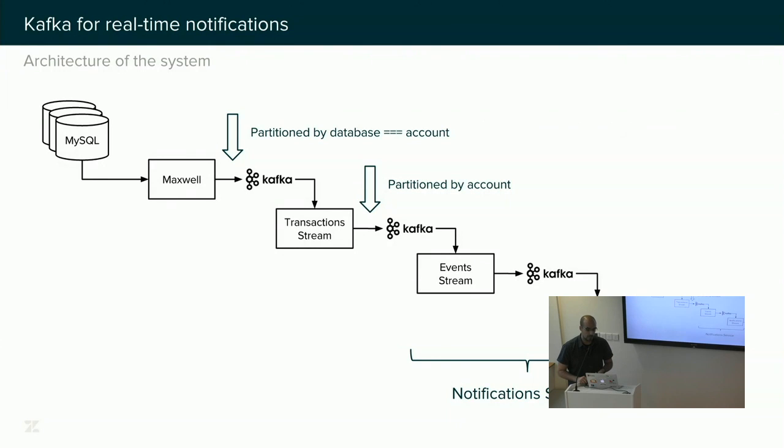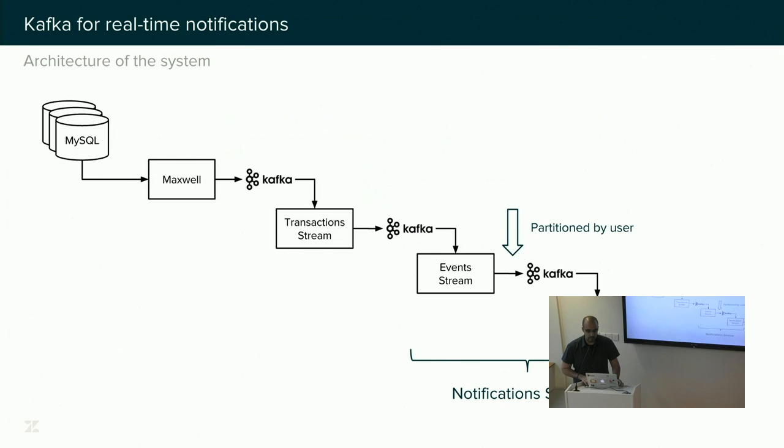Because this transaction processor is used across many other products or services in the company, we decided to keep the ordering by account. So all the data that gets out of this transactions processor will be ordered by account as well. This is achieved by partitioning this data by account ID. So we no longer deal with database names. Now we are actually partitioning this data by account ID. Okay.